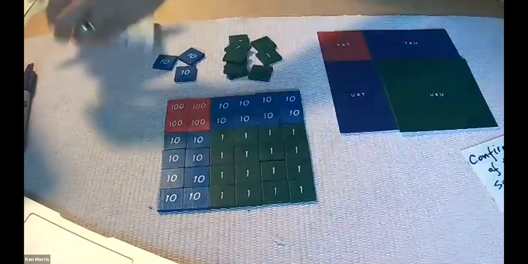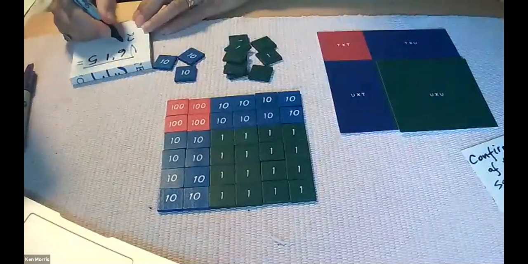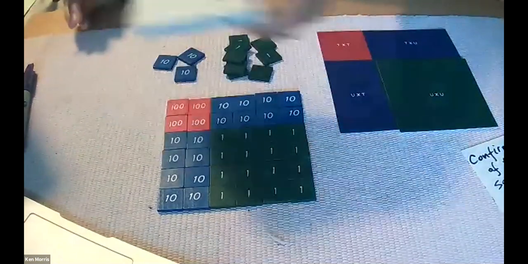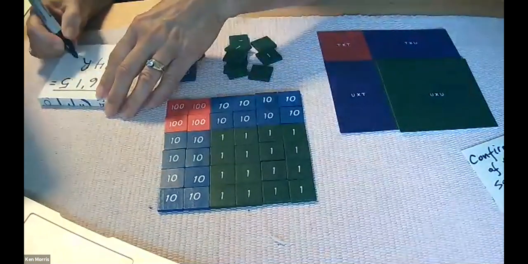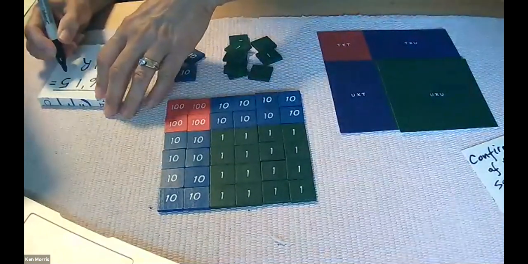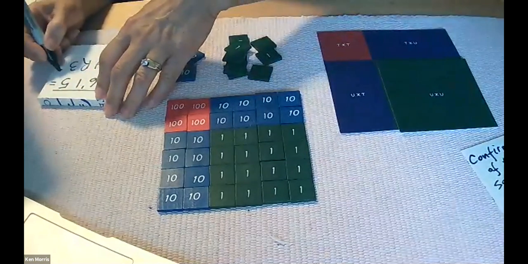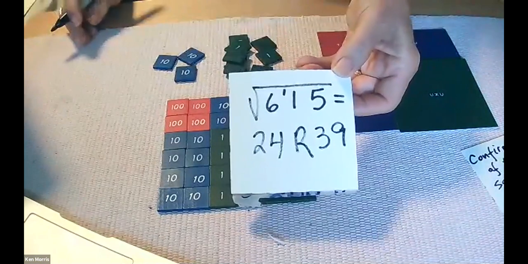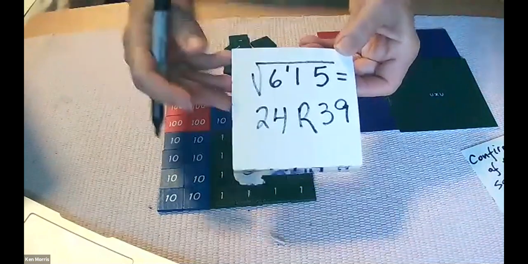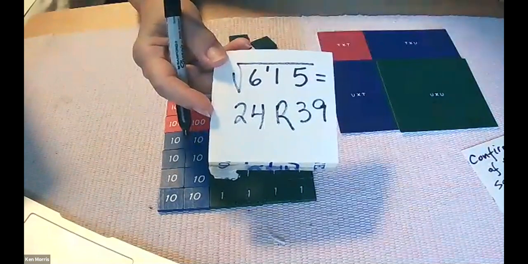So my answer is 24, but because it's not a perfect square, I have a remainder of 39. And that is how you write it. 24 remainder 39.